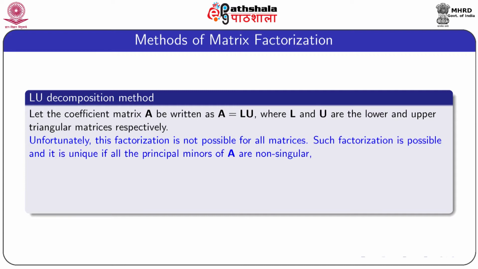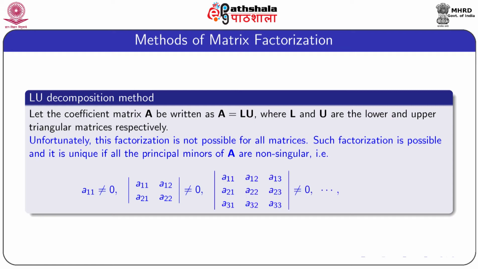Such factorization is possible and it gives a unique factorization if all the principal minors of A are non-singular. That is, A11 not equal to 0, this is the first principal minor of order 1. This is the second principal minor of order 2, this should be not equal to 0.